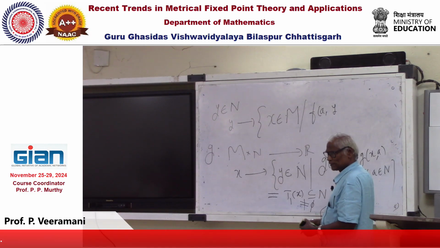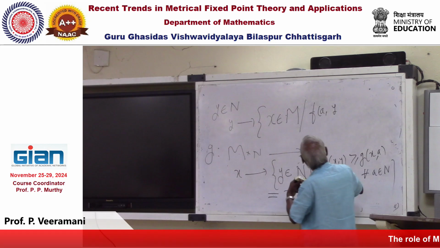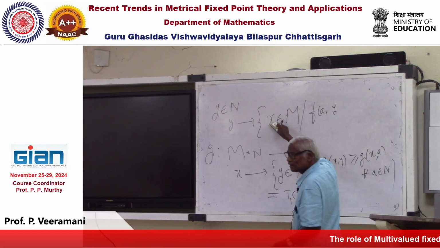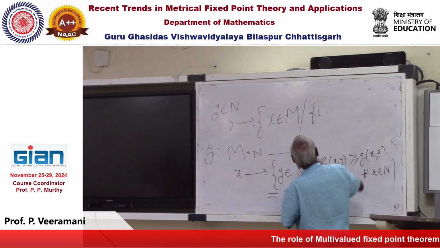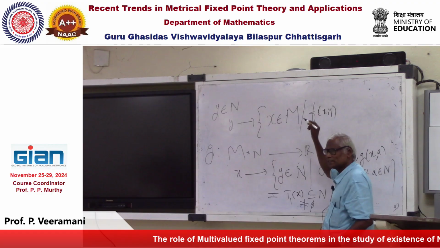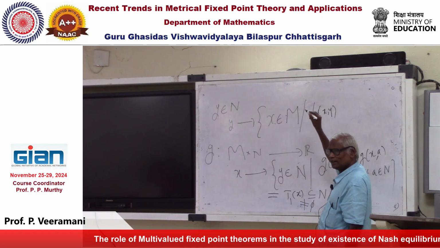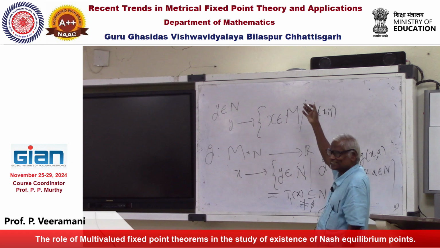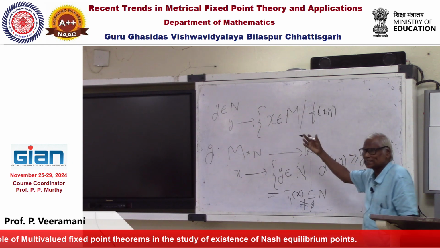The first player can select anything. So if this gives the maximum profit, that means F of X comma Y. Now the profit, we change to maximize.